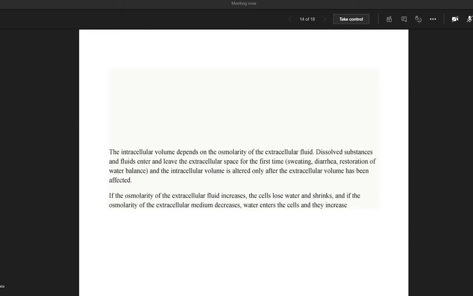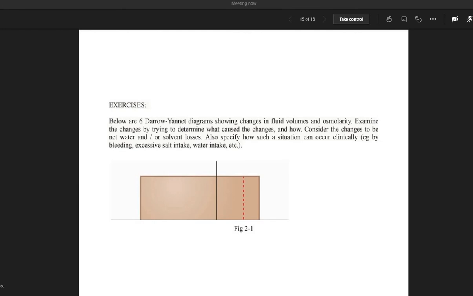So read, write, make your own notes, your own drawings if you want, but make sure that you understand it. So for the next time, you have a homework here. You will have 6 diagrams like this. I forgot to tell you that this diagram has a name. It's the Darrow-Yannet diagram.